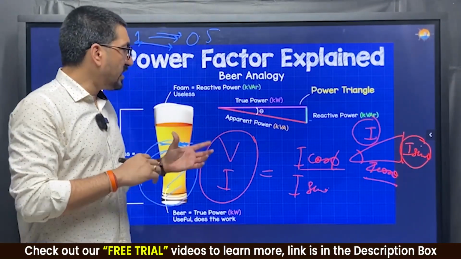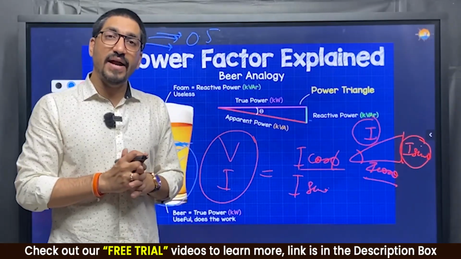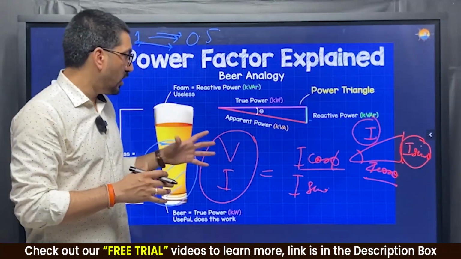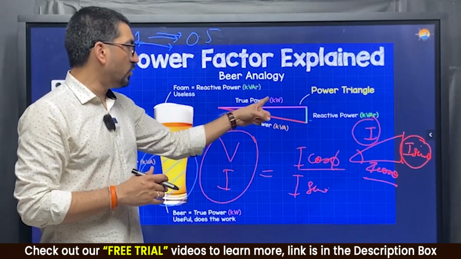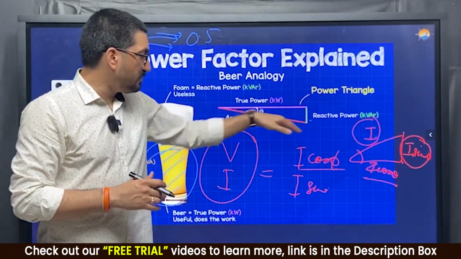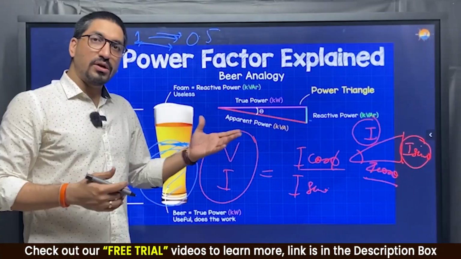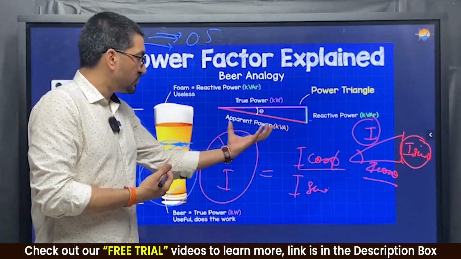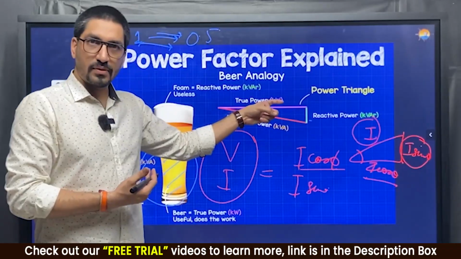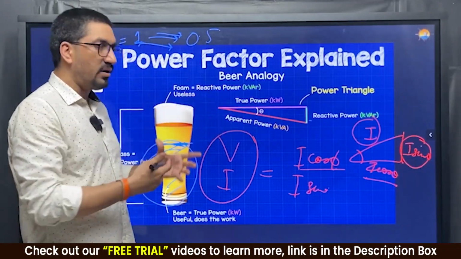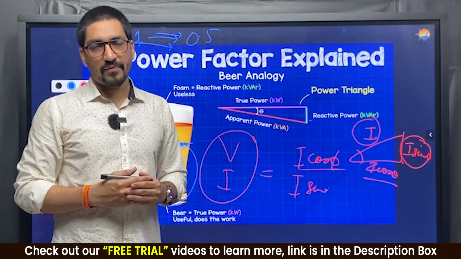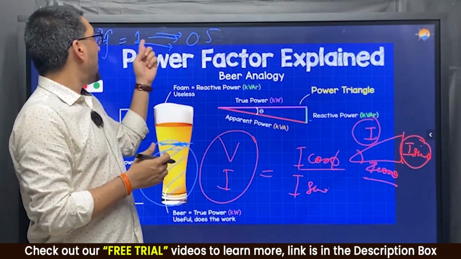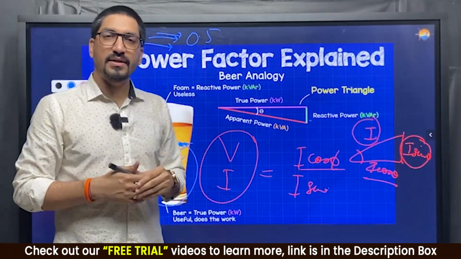So your alternator may not be able to provide the required kilowatt load on the ship, because your alternator is only providing the apparent power, out of which if you are only consuming this much and you give this much back to me, then this is not the mistake of the alternator maker. It says I can provide this much, but you are only consuming this much. Right? So this is how the power factor is useful. So the higher the better. That means higher the value of power factor, that is close to 1, the better it is.